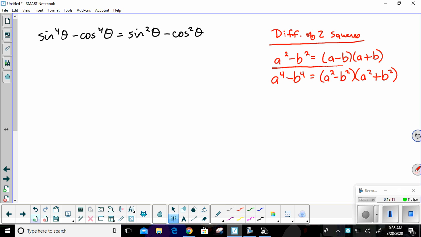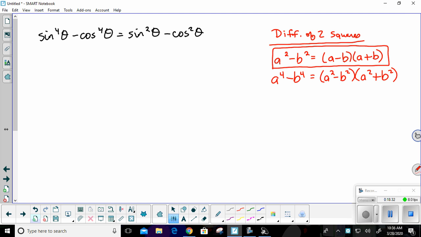This is the basic formula for the difference of two squares, but a 4 is also a perfect square. So that's what we're going to use here on the left-hand side of our trig problem.